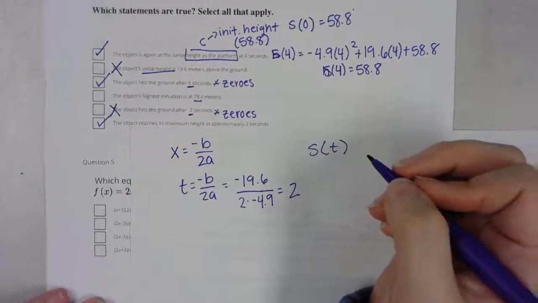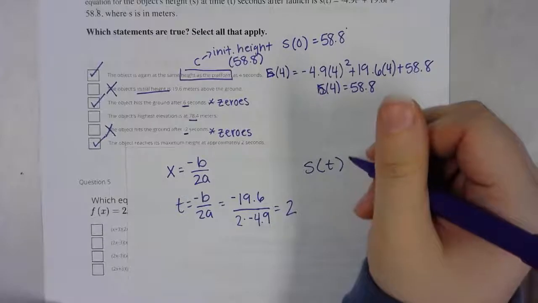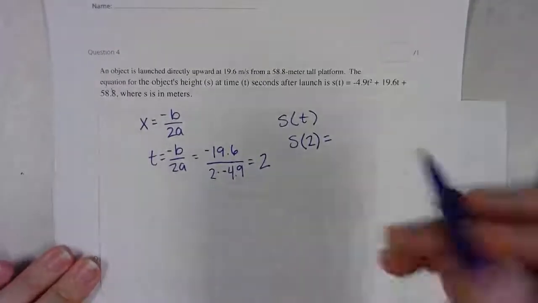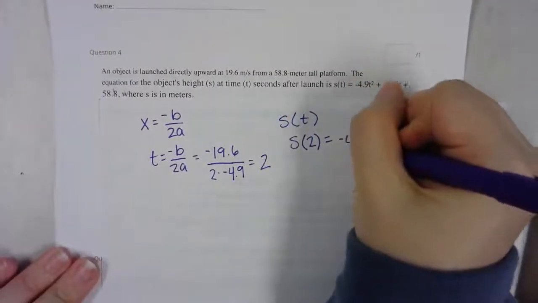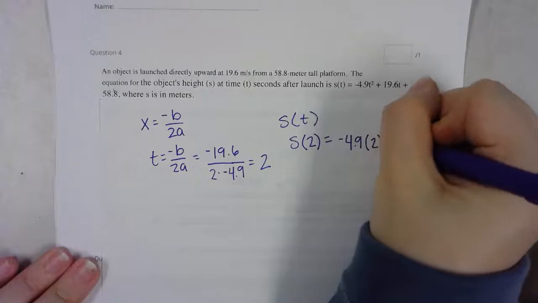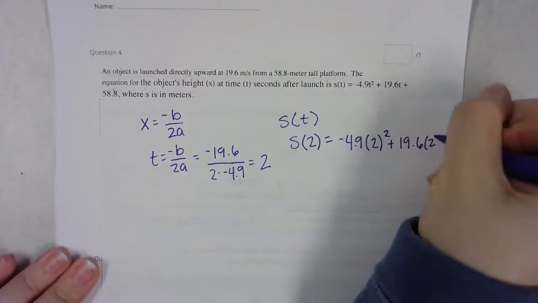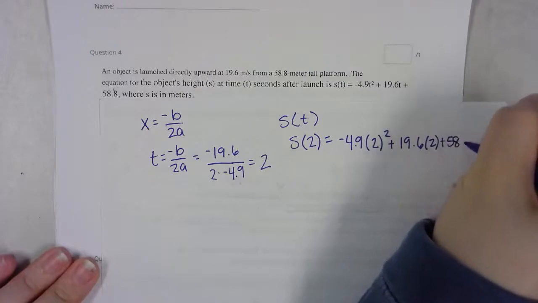S of 2 equals negative 4.9 times 2 squared plus 19.6 times 2 plus 58.8.